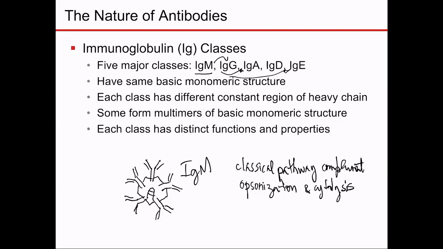And this IgM usually circulates systemically in the bloodstream, but it could also be present in some mucosal surfaces, like for example, the gut lumen. It could also be present in the breast milk. So those are the main things that I want you to know about IgM.